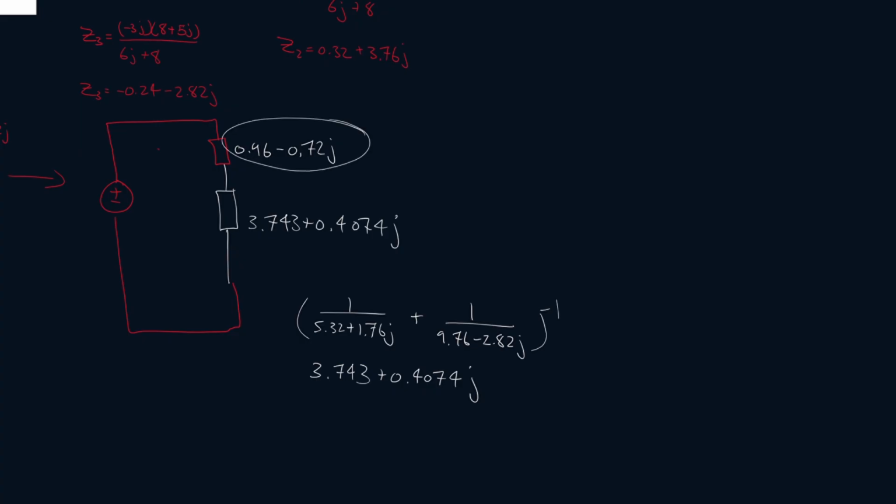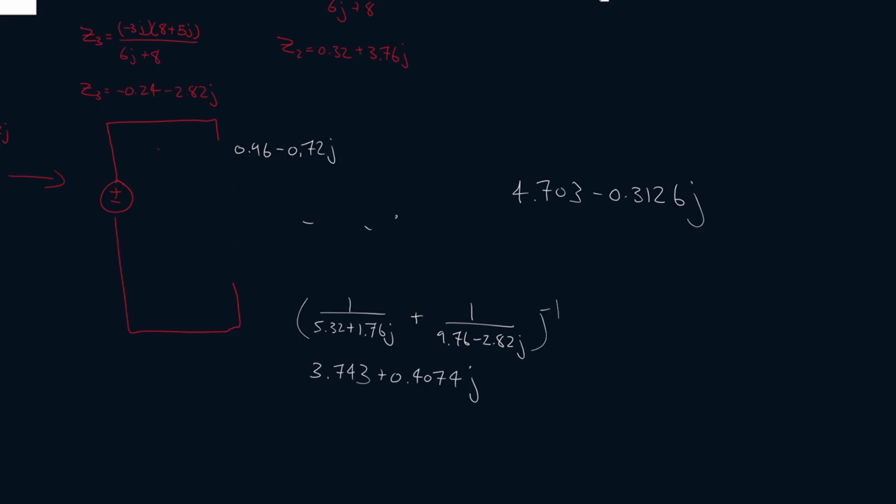Then I can combine these two together. So 0.96 plus 3.743 is 4.703. Then minus 0.72 plus 0.4074 is minus 0.3126j. I'll just write that like this.